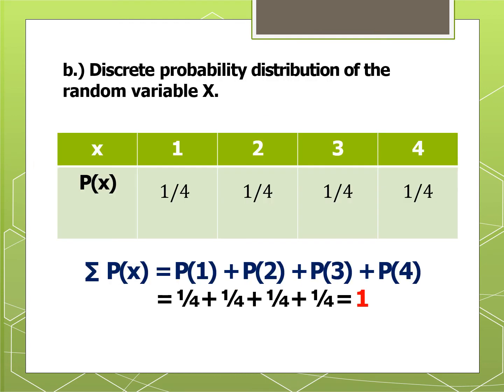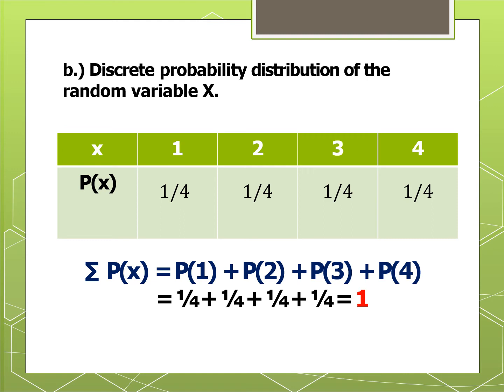For letter B, a table similar to the following can be constructed to show the values assumed by the discrete random variable x and its corresponding probabilities. The discrete probability distribution is presented in tabular form in this slide. We have values for x of 1, 2, 3, and 4, and their corresponding probabilities are 1/4, 1/4, 1/4, and 1/4.